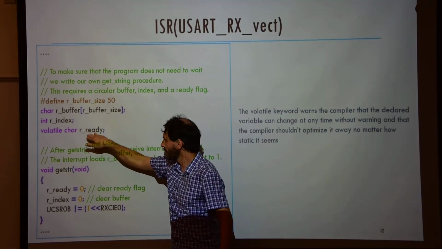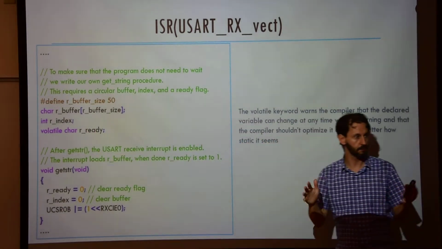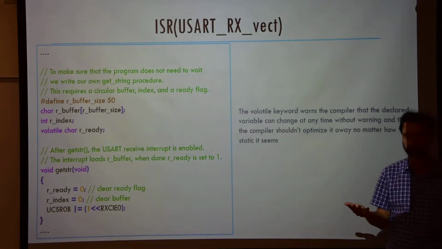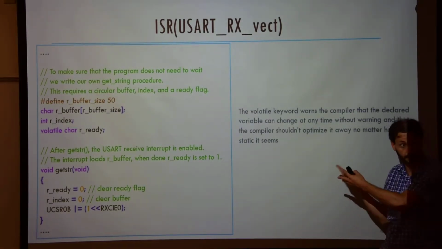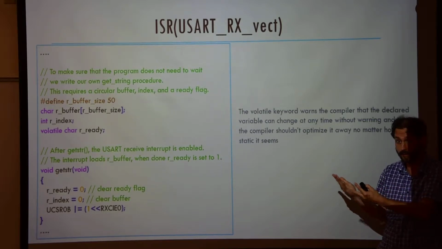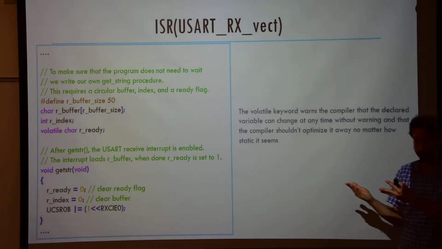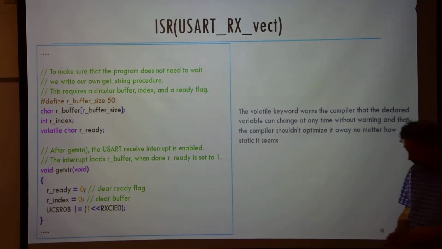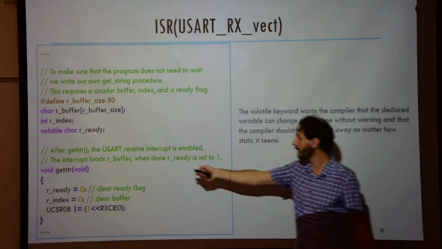The only spot where this changes will be in our interrupt service routine. But the interrupt service routine is never called from the main program. It's essentially activated by the interrupt controller. So the compiler thinks you're never really using this already.